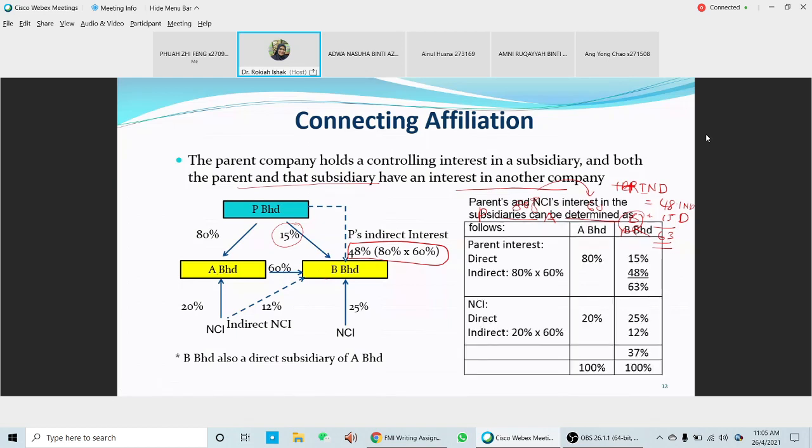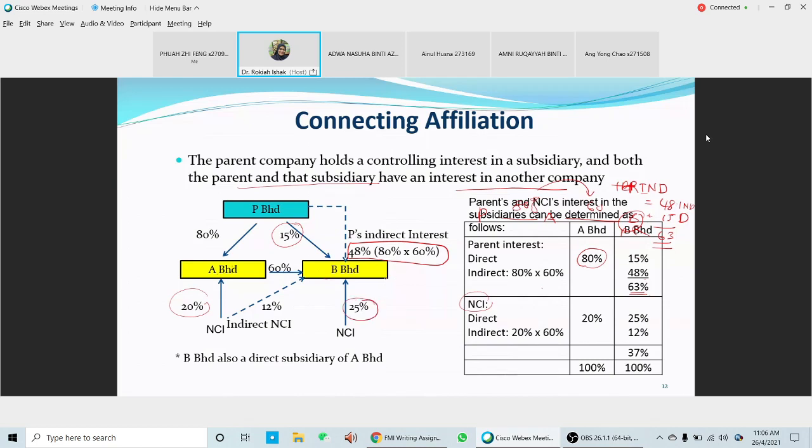This is what we have. The parent and NCI interest in a subsidiary can be calculated like this. So 80% that you have in A. In B, parents have 15% directly, and indirectly parents have another 48%. So altogether 63%. For the NCI here, in A, NCI has 20%, and in B, NCI has 25%.